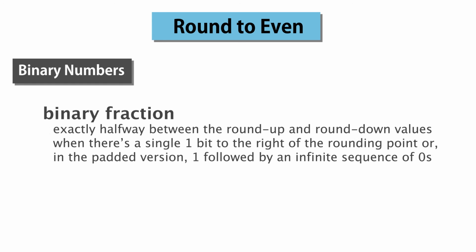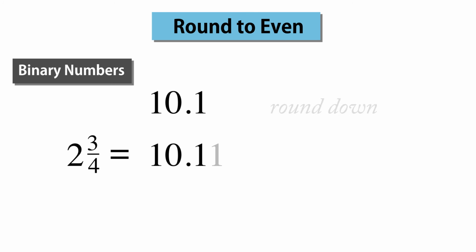A binary fraction is exactly halfway between the round up and round down values when there's a single 1 to the right of the rounding point, or in the padded version, 1 followed by an infinite sequence of zeros. For example, suppose we want to round 2 3/4 to the halves position. That is, we want a single bit to the right of the binary point. In binary, it's shown here. To compute the round down result, drop the 1 following the rounding point.